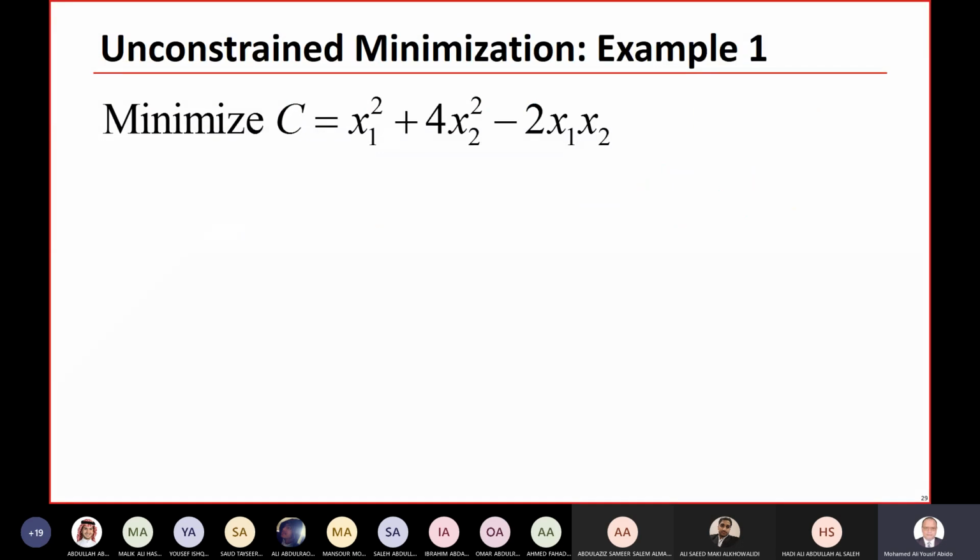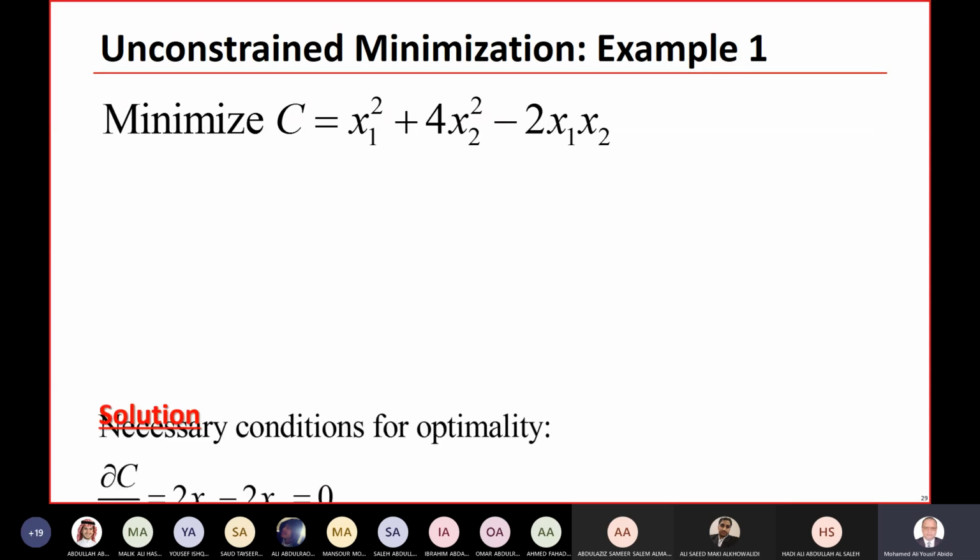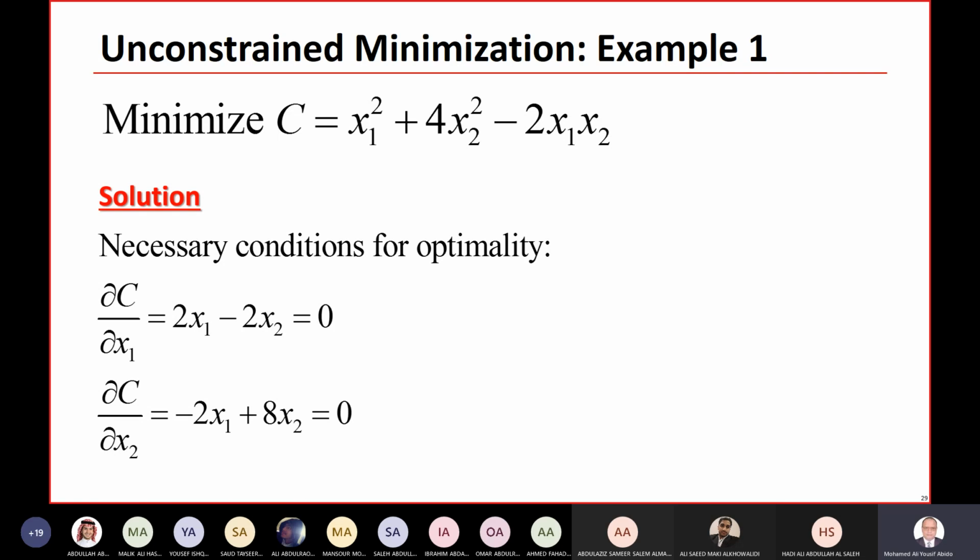Assume a very simple example, minimize the cost, and this cost function is defined as x1 square plus 4x2 square minus 2x1 x2. So can we solve this equation? Can we have the values of x1 and x2 that give you the minimum value of the cost? Necessary conditions for optimality, the first derivative should be equal to 0. So you take the derivative with respect to x1, you take the derivative with respect to x2.